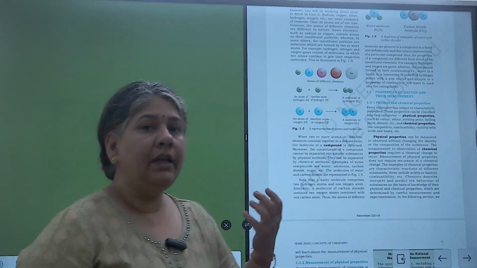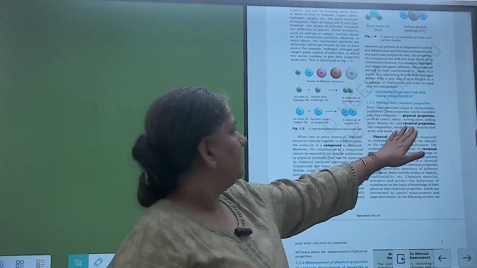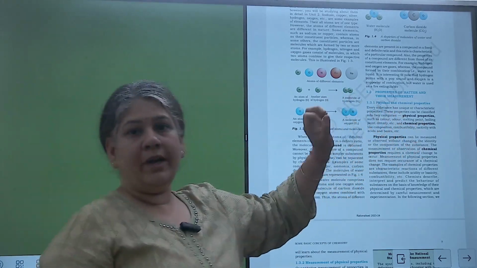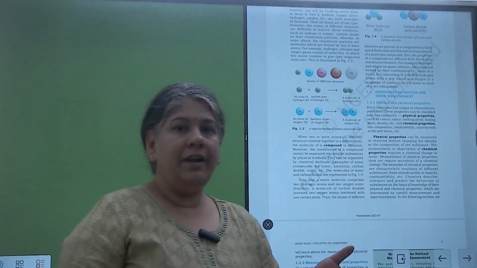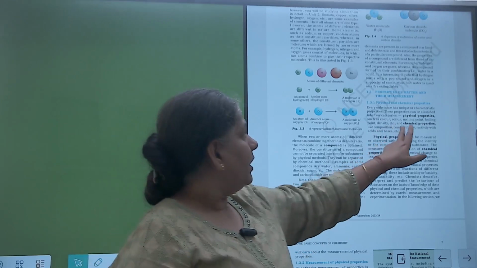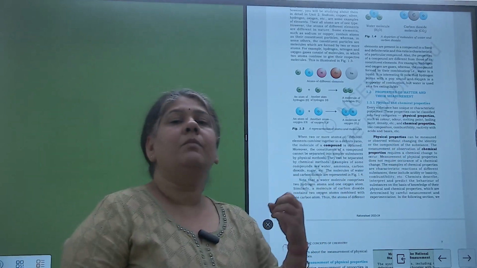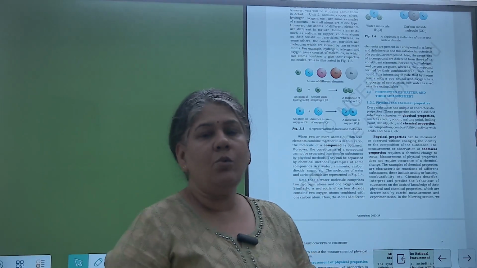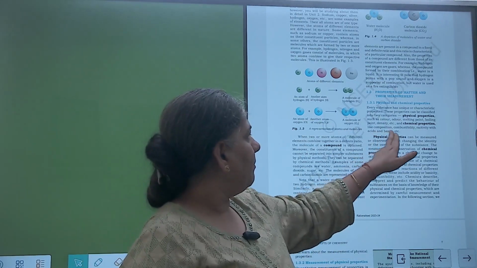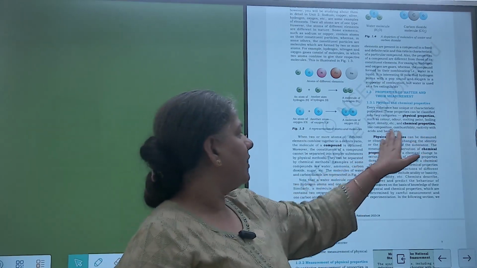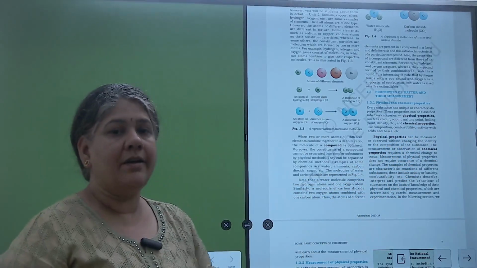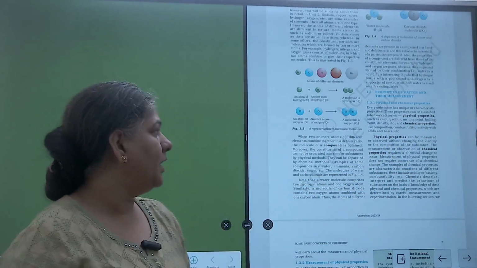These can be easily measured. And chemical properties are those for which some chemical reaction needs to happen. For example, combustibility, reactivity of acids and bases, that is acidity and basicity.